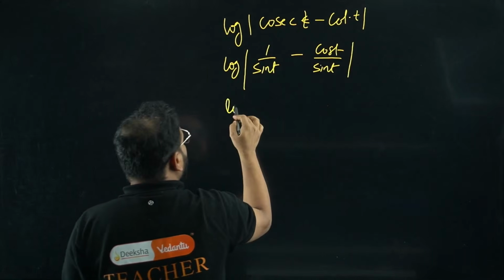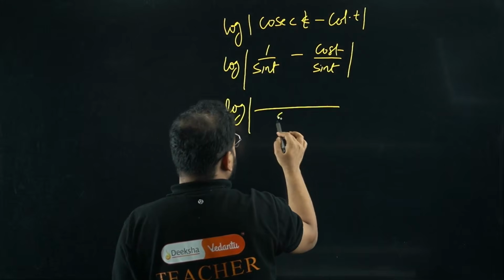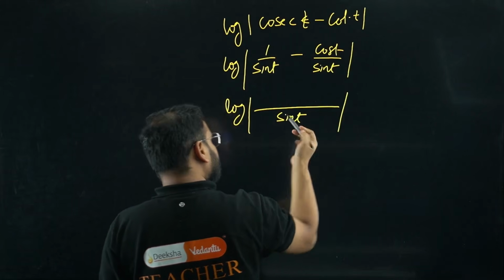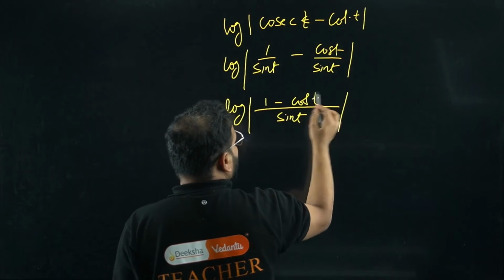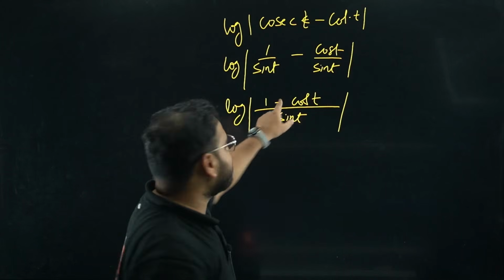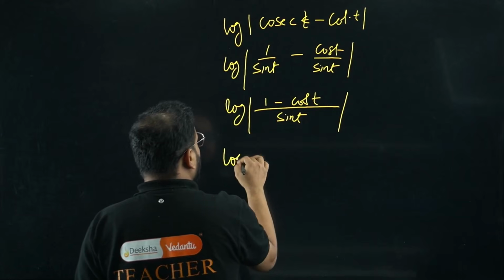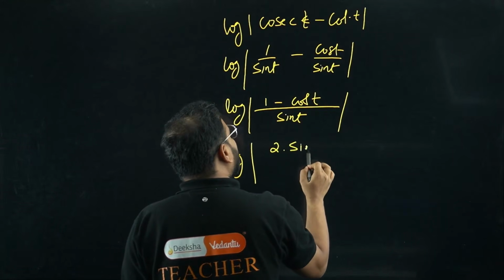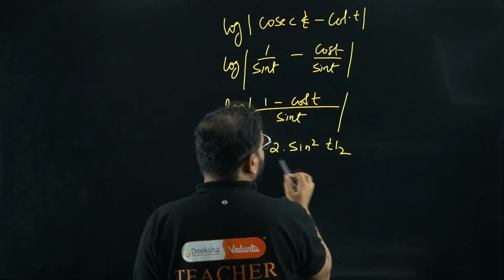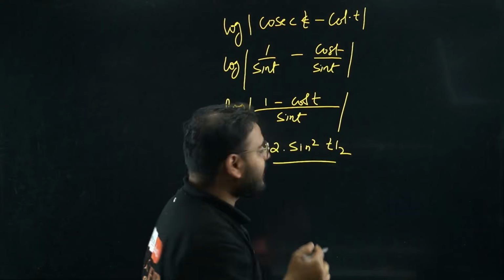So I'll end up with log of sin t in the denominator, 1 minus cos t. I have the formula for this numerator and denominator. Half angle formula: it'll become 2 sin square t by 2. And what about this?